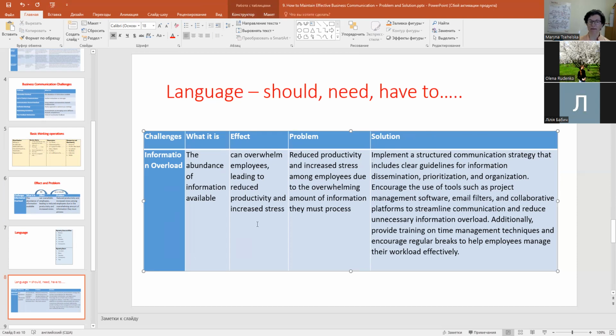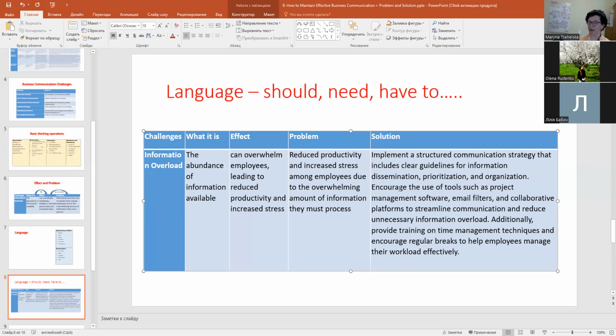We can say that for solving the problem, a company needs to implement a structured communication strategy that includes clear guidelines for information dissemination, prioritization, and organization.